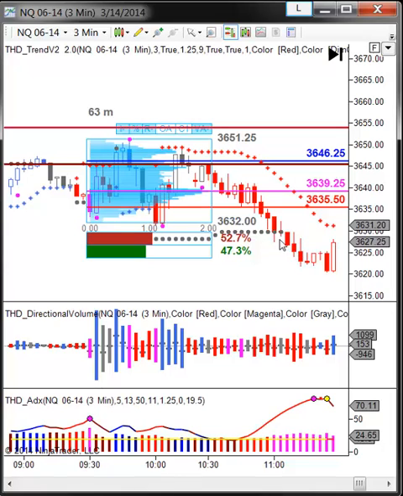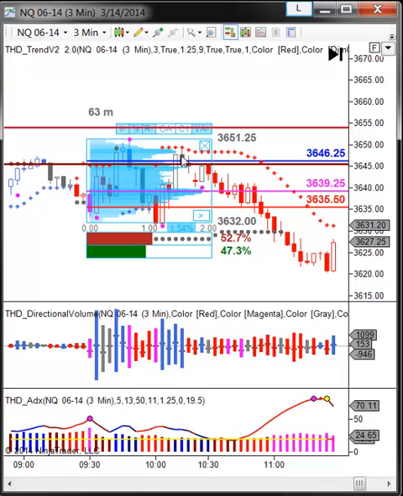It continued down maybe another 10 points, and then it reversed when we get these magenta dots here, or magenta peaks. So you can see that not only did it go above the value area high and touch the ATR here, but then it came back to test that same area over here.